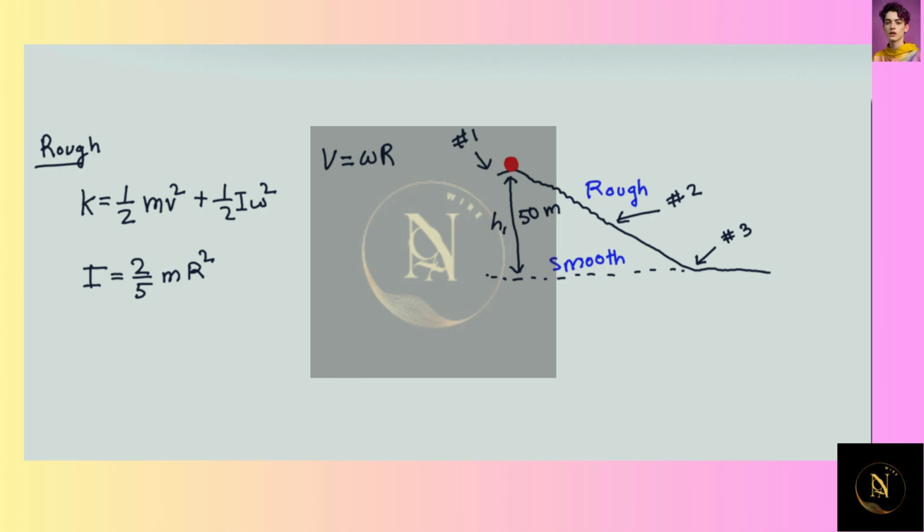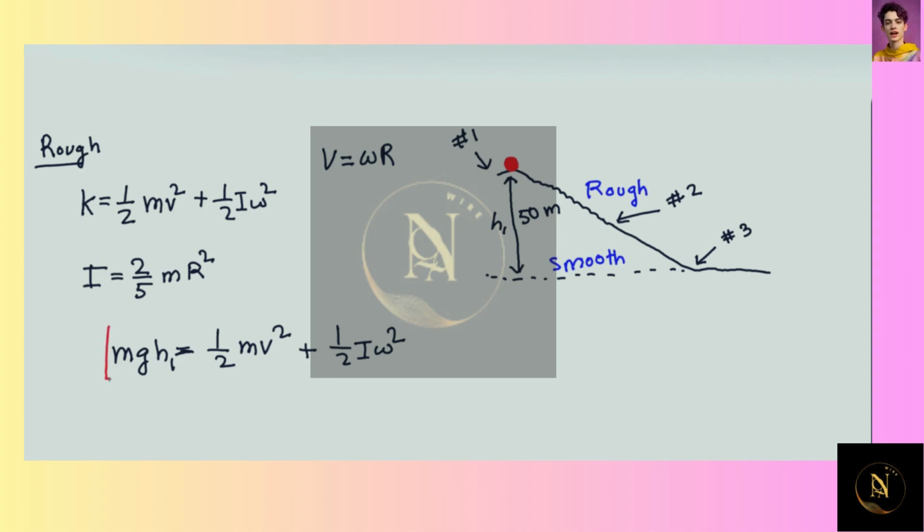When the boulder is at the top, there's only potential energy, so we'll have mgh1, which is equal to, when the boulder comes here with velocity v, the translational kinetic energy plus the rotational part, half of I omega squared, where the rotational speed is omega. So that's our first equation.